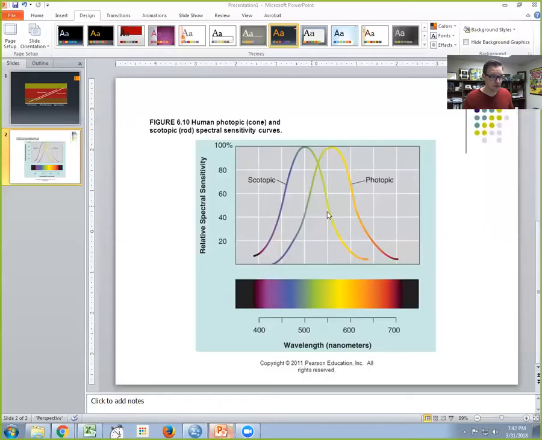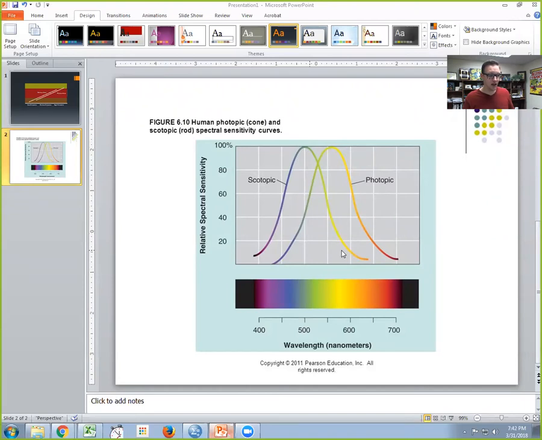But as illumination drops and you shift from photopic vision to scotopic vision, those same 10 units of long wavelength red light won't activate your rods to the same extent, largely because of the differences in spectral sensitivity.